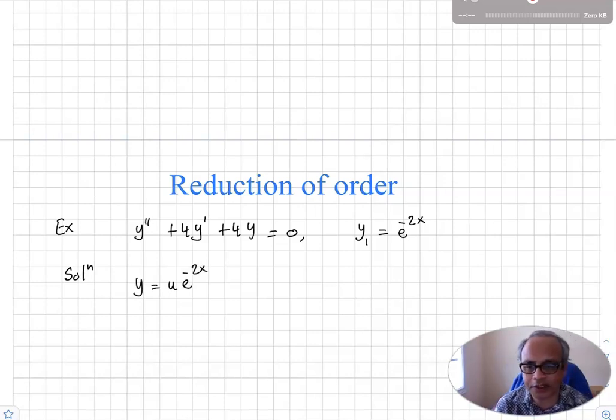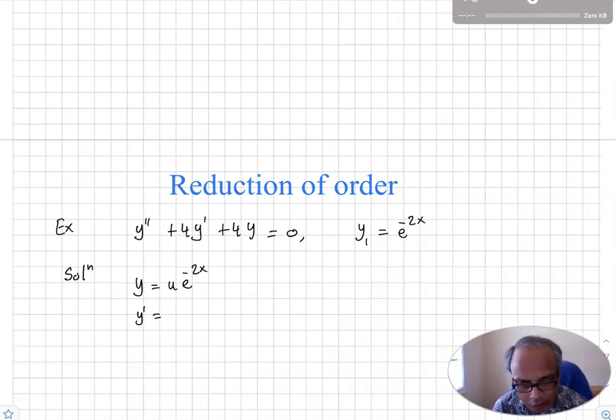So the idea of the substitution is you take the given or known fundamental solution, multiply this with a new variable u, and replace into the equation u times e to the power minus 2x for y. To do that, you need to find y prime and y double prime.